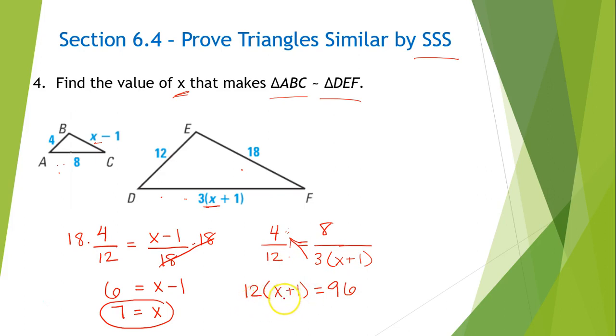All right, divide both sides by 12 to get rid of it from over here. And now we have x plus 1 equals 8. And then when we subtract 1 from both sides, again, x equals 7.